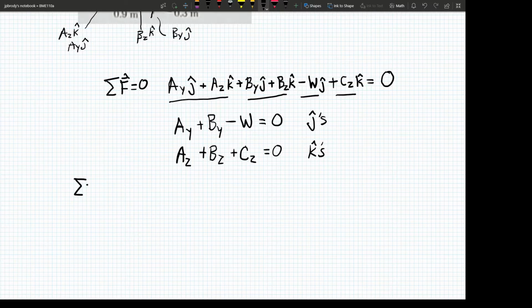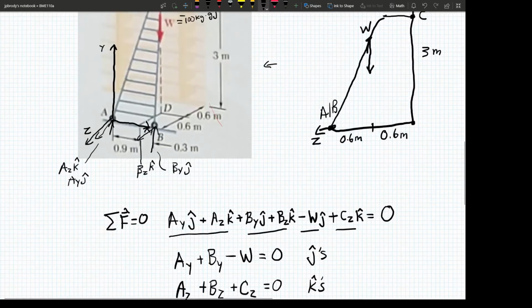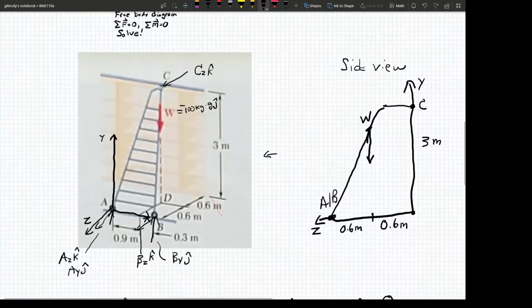So let's write that down. Sum of all the moments equals 0. Remember, the moments are R cross F for each force equals 0. Now, let me go back up a second. Okay, so I need to do it for each force, and I remember we had to pick a point.